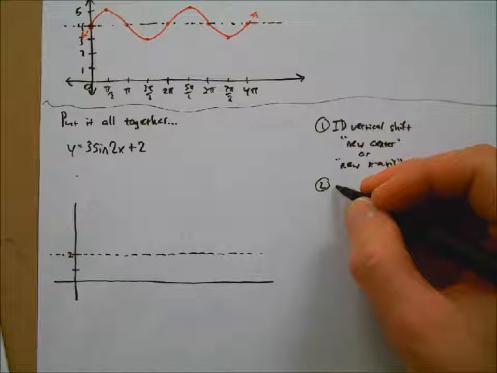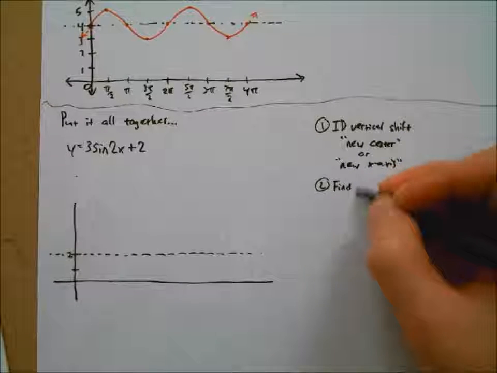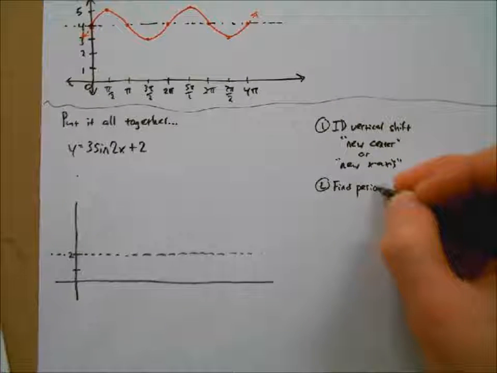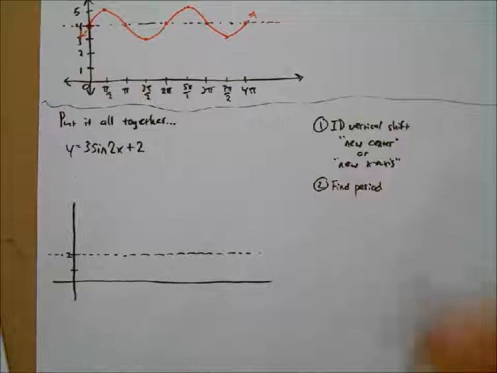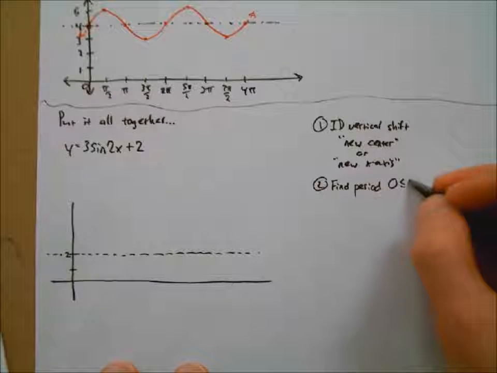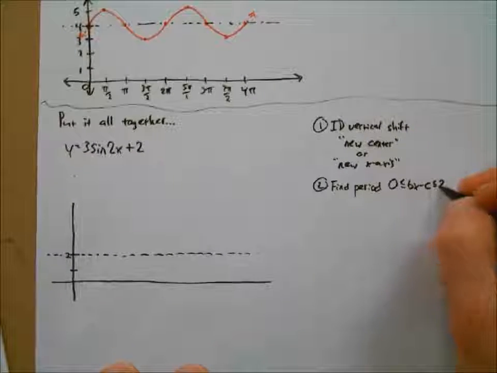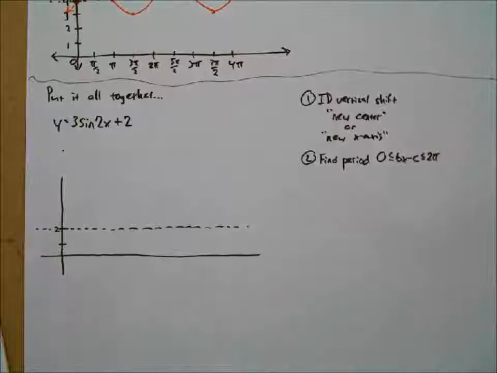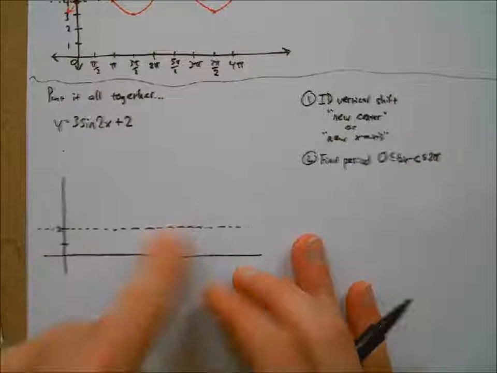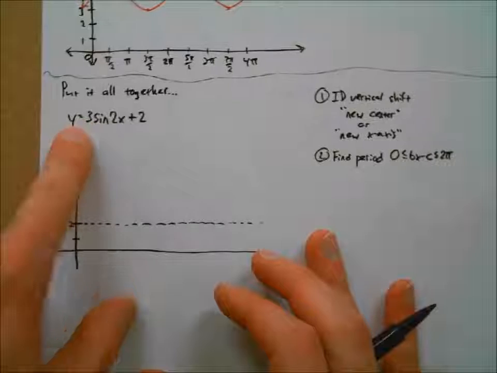We'll find the period, which remember is just 0 less than or equal to bx minus c less than or equal to 2 pi. Now, by the way, since we've shifted up 2, what's the highest that we're going to go from that 2? 3. So we're going to go 3 up from our new center of 2, where we shifted up 2, but then that amplitude says go up 3 further.